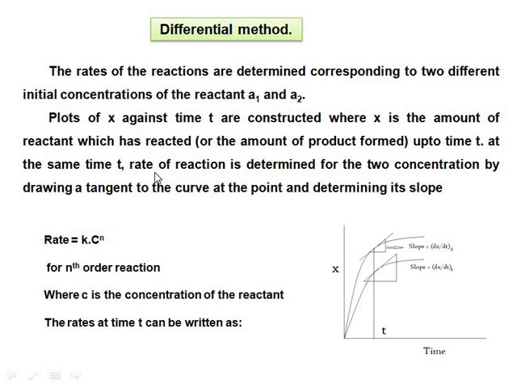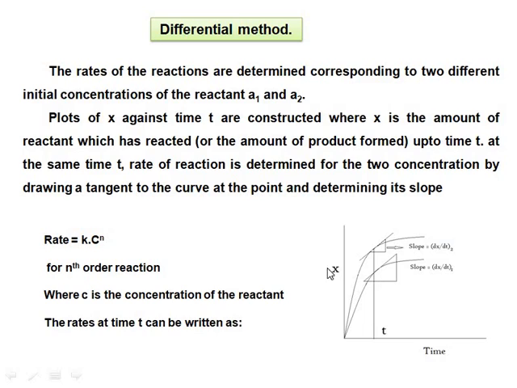The rate of the reaction can be determined for the two concentrations by drawing the tangent to the curve at a point and determining its slope.